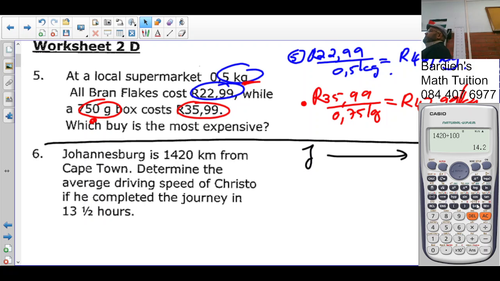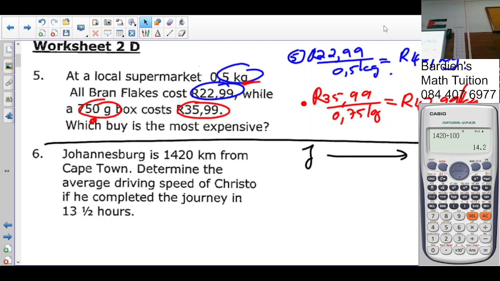It'll take him 14 hours to drive. But of course, you must take breaks. So Johannesburg is 1,420 kilometers from Cape Town.